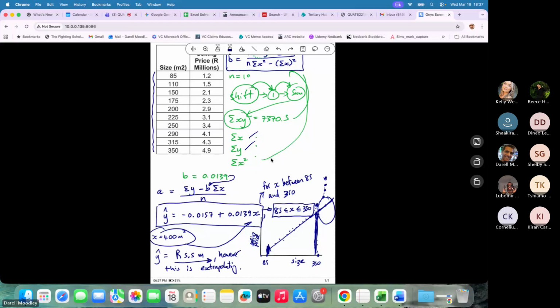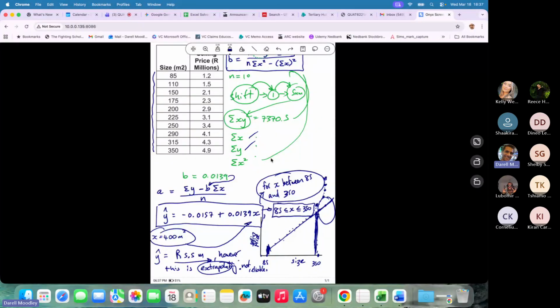I'll come back to what extrapolating is in a second. Or you can write, however, this is not reliable. Instead of putting extrapolating, just put not reliable, and you could leave it at that. You don't have to justify it as long as you put this here, because you already said that this equation is only valid for that.